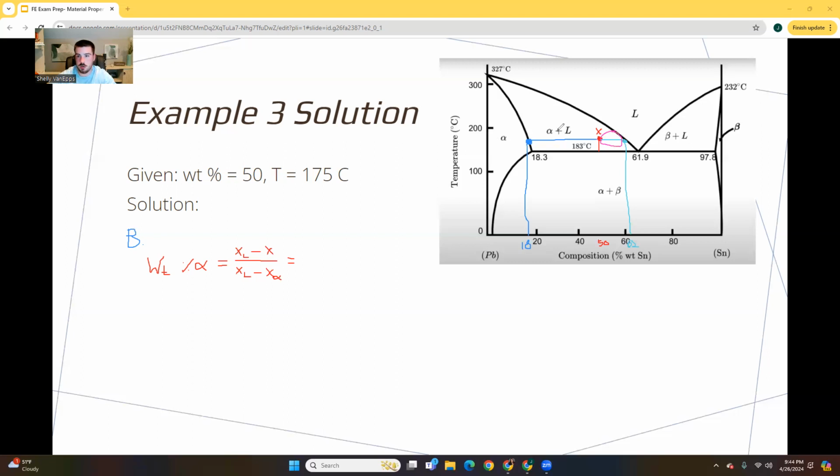To find our percentage here, we will be using the weight percent of the liquid, which is equal to X minus the alpha value of 18, over the XL of 62.